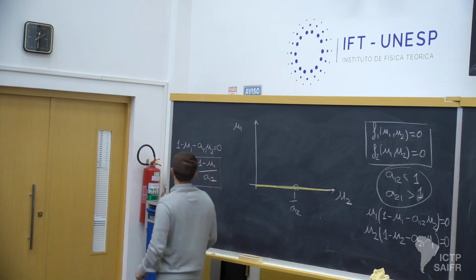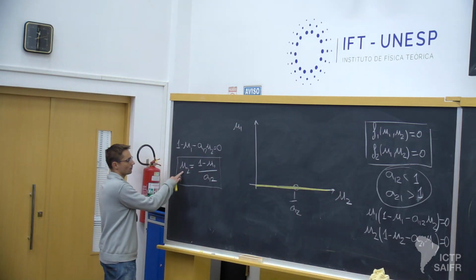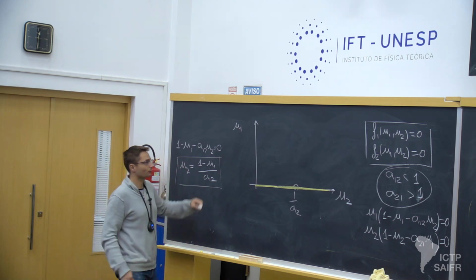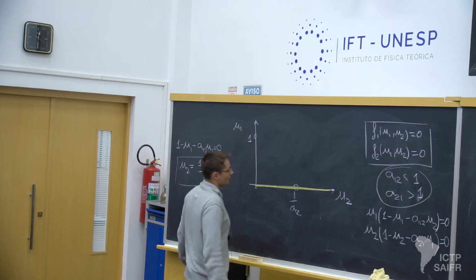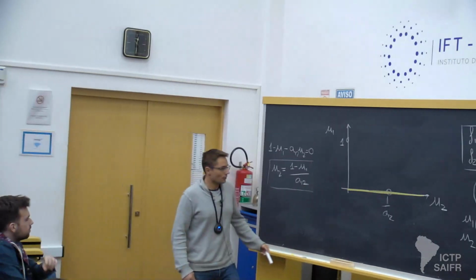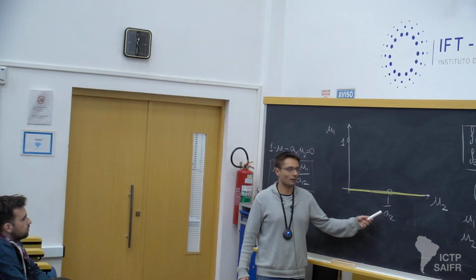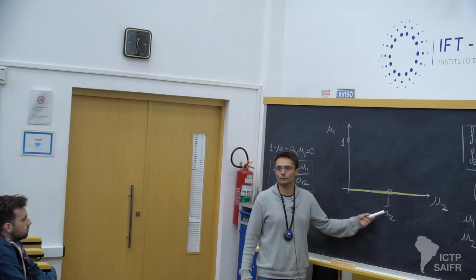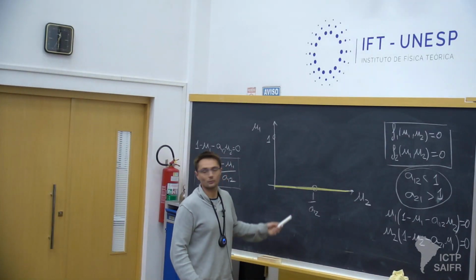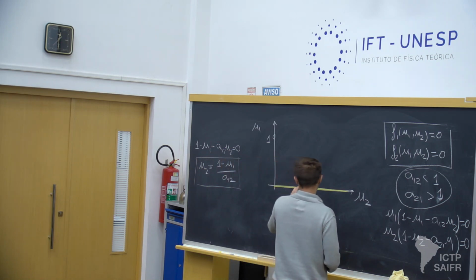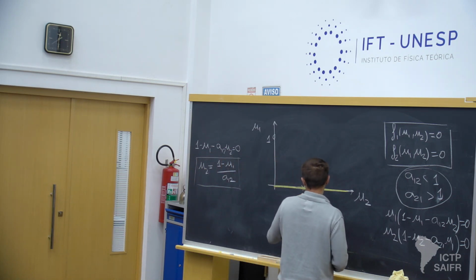And when U2 is equal to 0, then we have that U1 is equal to 1, okay? So what can we know about this 1 over A12? It's bigger than 1. So we can place the 1, let's say here.